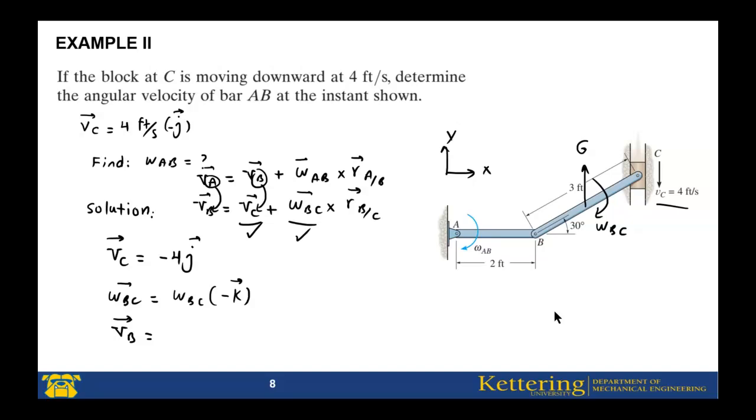Yes. Omega AB multiplied by 2, because this is the distance. But this is the easiest way. Just here, we consider this is downward. We can write this one as minus j. And then this magnitude will be omega AB multiplied by 2, or 2 omega AB.